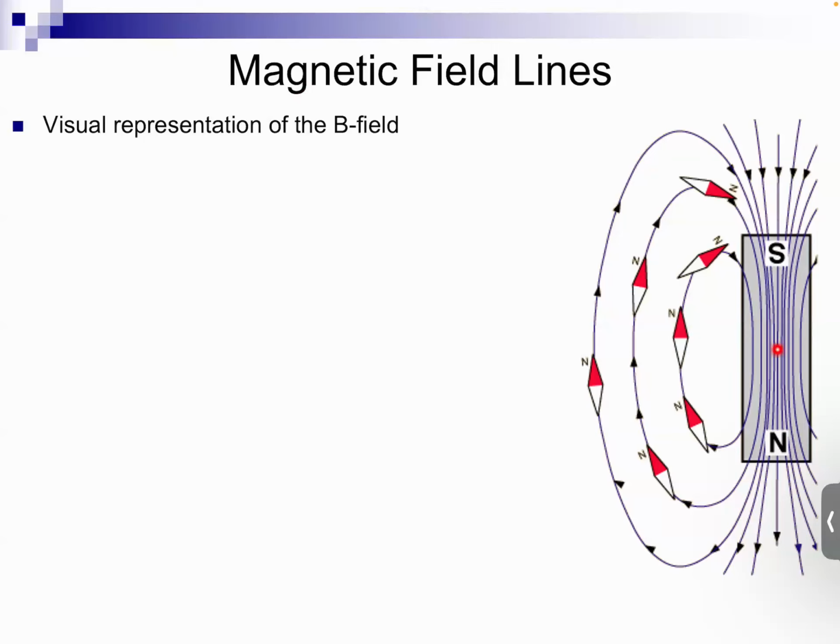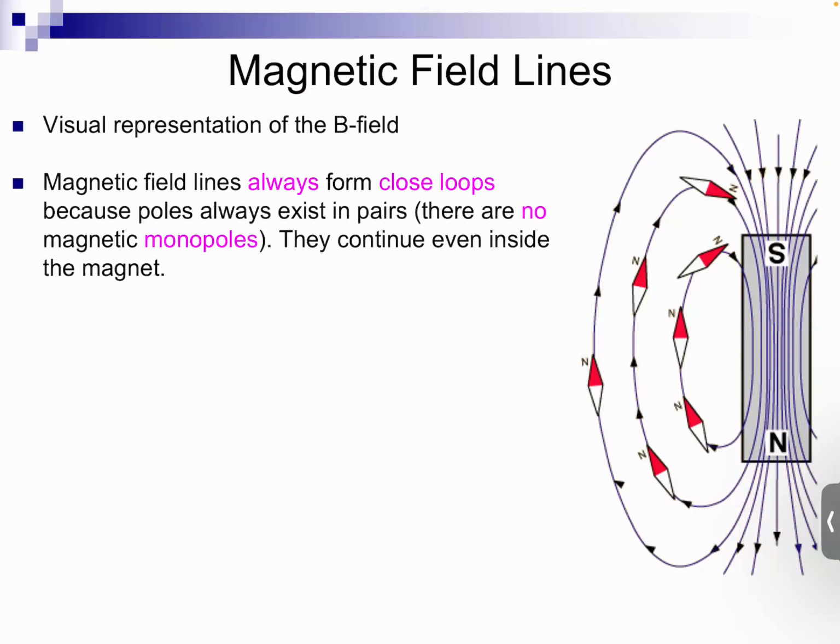We draw the magnetic field lines as closed loops. They always form closed loops. Unlike electric field lines, where you have a positive charge and a negative charge, and the electric field originates from the positive charge and terminates at the negative charge, magnetic field lines are continuous. They form closed loops even inside the magnet.